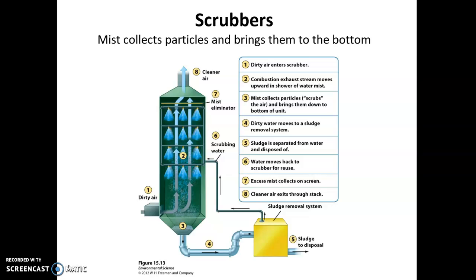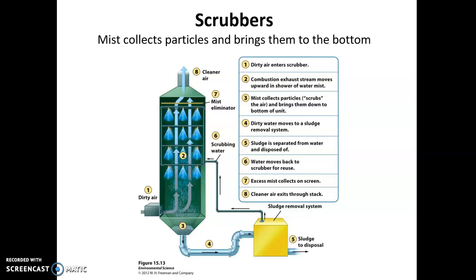This final technology is called a scrubber. And in a scrubber, the dirty air enters the unit and travels upward. And as it does, it is showered upon with a small water mist. And the pollutant particles are attracted to the water mist. And therefore, as the water rains down, it comes down here, and it carries those air pollutants with it.